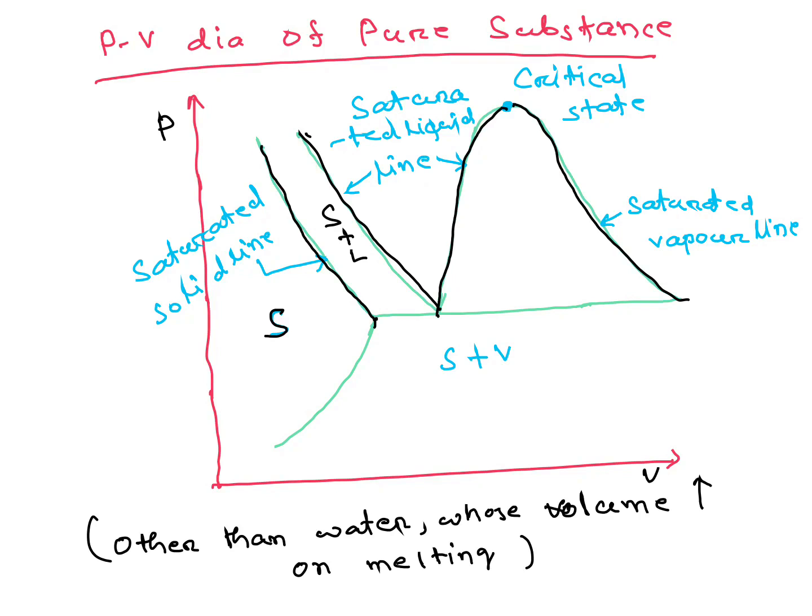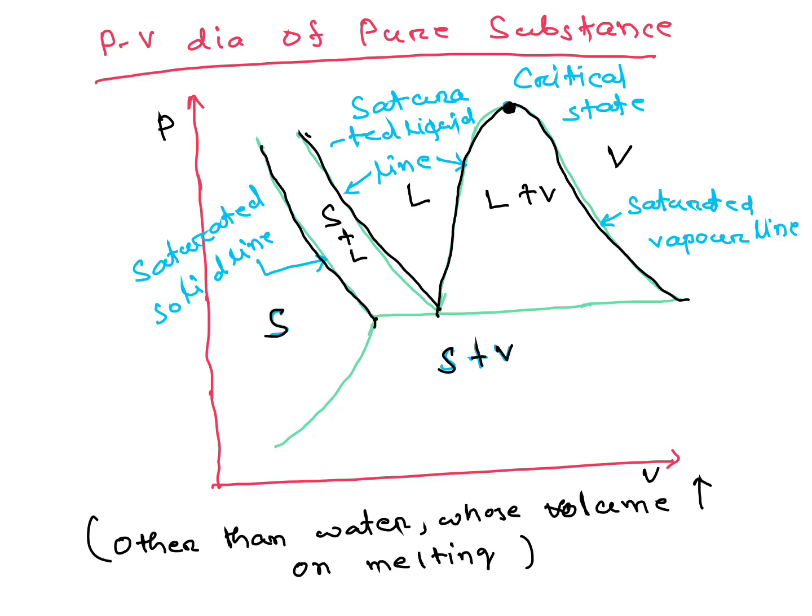This side solid, solid plus liquid. Here liquid, liquid plus vapor, this side only vapor. Here solid plus vapor. Here the critical point, liquid directly converts to vapor, latent heat is 0. The most important is this line, the triple point line.